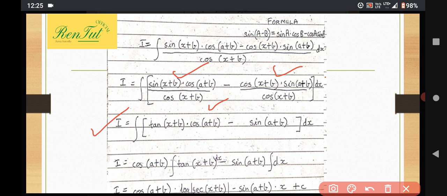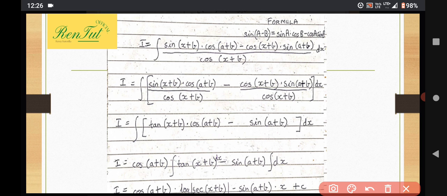Now the next step is I is equal to, you are already aware that sine divided by cos is tan. That is the reason why we have put tan over here, because sine and cos will give a tan value, and then the remainder is cos(a + b).